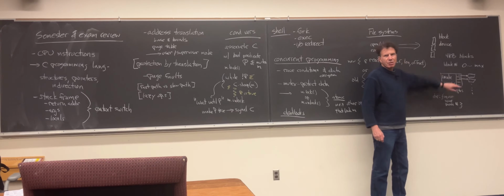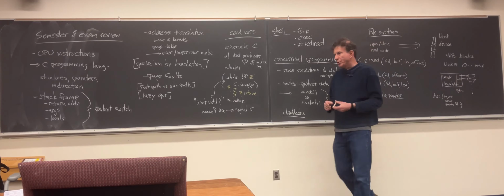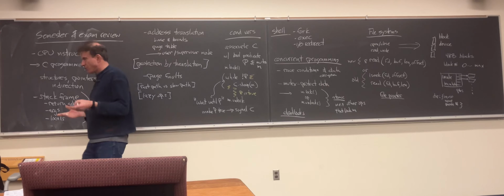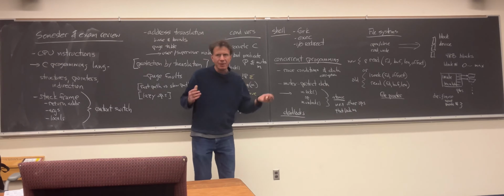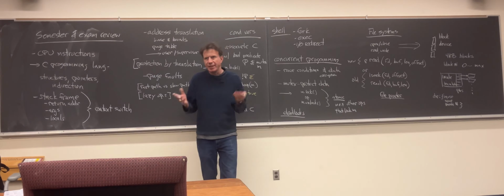One was the inode, which describes a file or a directory. It has things like the mode field that indicates the type and permissions. It has the length, and it has pointers to each of the blocks in the file.